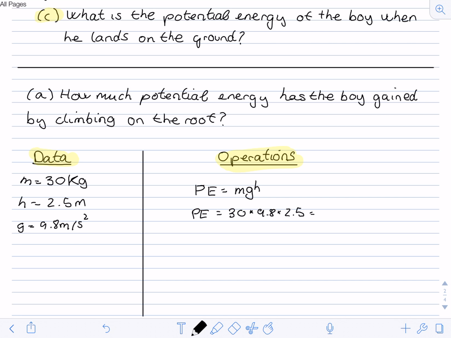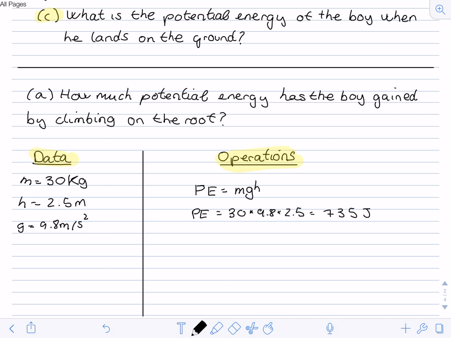So it's going to be 30 by 9.8 by 2.5. So it's going to be 735 joules, okay? So what it means is that when the boy just climbed up to the roof, his potential energy is going to be 735 joules.